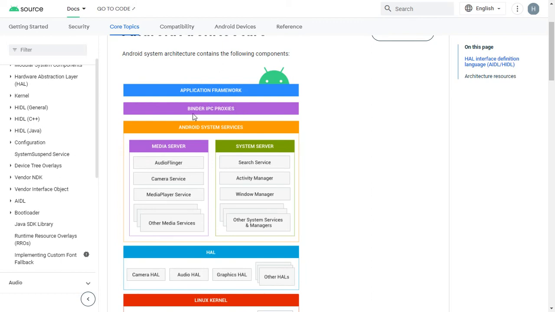Another thing is the binder IPC proxy. Let's discuss binder. Binder is an IPC mechanism used by Android. Basically, binder is a library implemented in the Linux kernel. It facilitates two processes to communicate with each other in a binderized way.